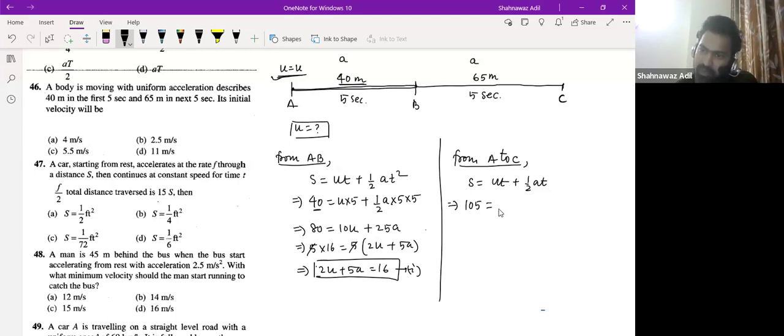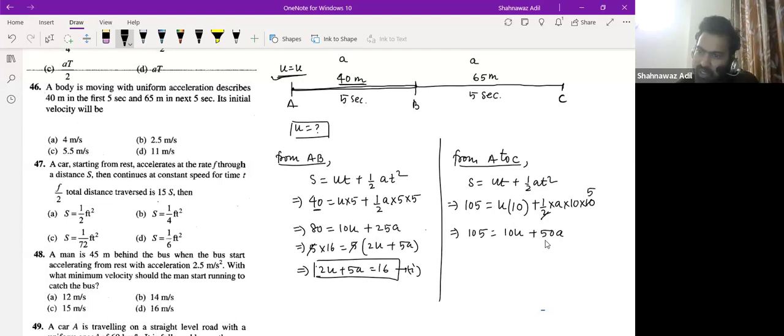U is u, that I don't know. Time is how much? From A to C, what is the time? 5 plus 5, that is 10 seconds, right? And then half a and 10 into 10. So this cancels, and what do we have? We have 105, and then this is 10u plus 50a.